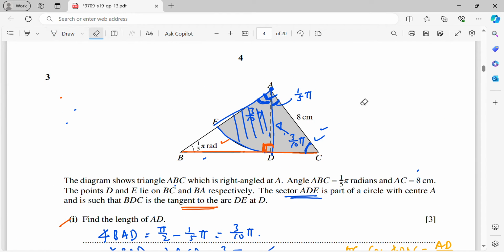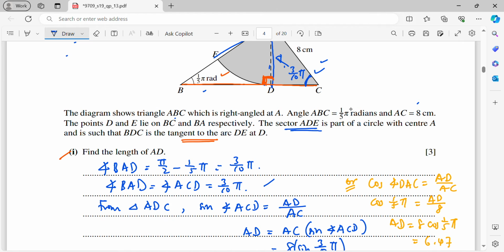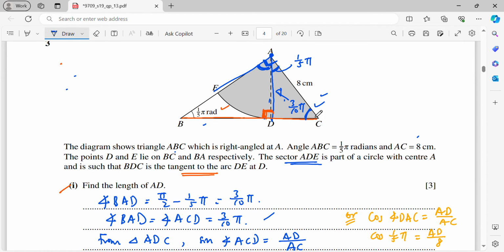So now, since we have counted angle BAD, angle BAD is basically 3 over 10 pi.